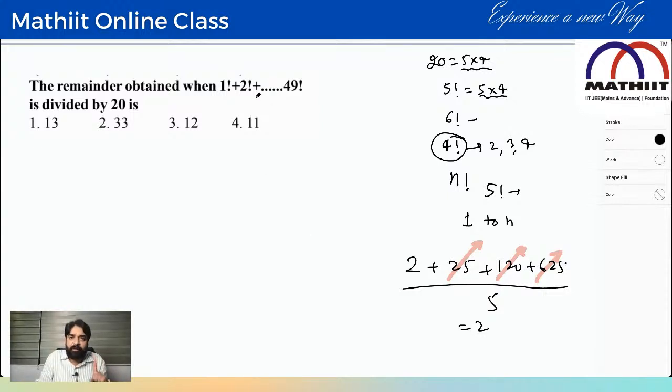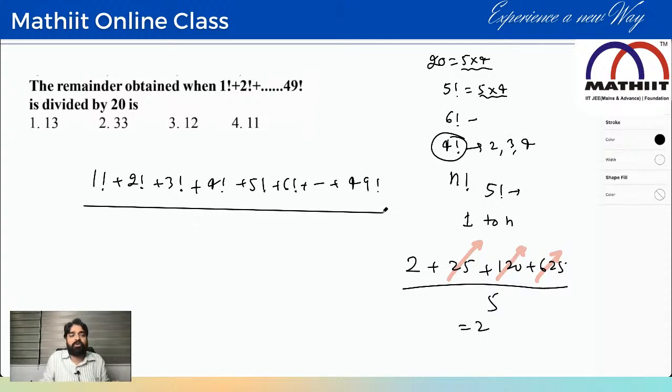Now think very carefully about this. I'm dividing 1 factorial plus 2 factorial plus 3 factorial plus 4 factorial plus 5 factorial plus 6 factorial and so on till 49 factorial by 20. And I want to see what the remainder is. From 5 factorial onwards, I will ignore the terms, because they will give remainder 0, since they are divisible.